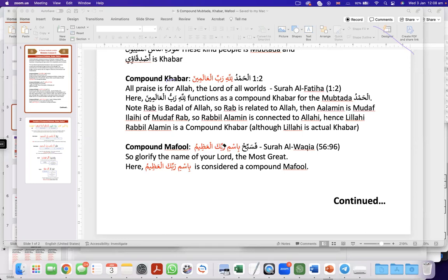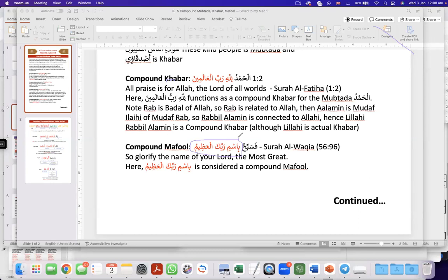And Al-Azim is sifat of Rab. Unseparable. This is one unit here. This is all one unit. Sabbih, sabbih what? Your Rab's name, who is greatest.